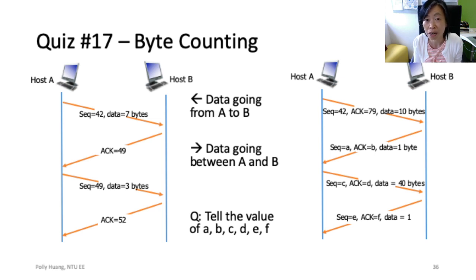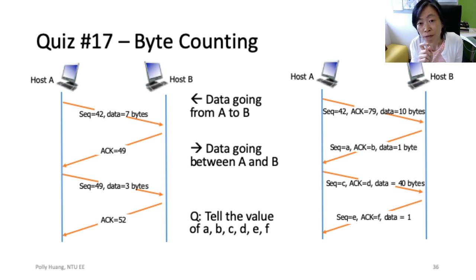You see here, the first packet from host A carries sequence number 42, and there's 7 bytes of data in the packet. Therefore, host B sends back an acknowledgement, and that acknowledgement should indicate the byte stream number of the last byte plus 1, meaning the next byte host B will be expecting.